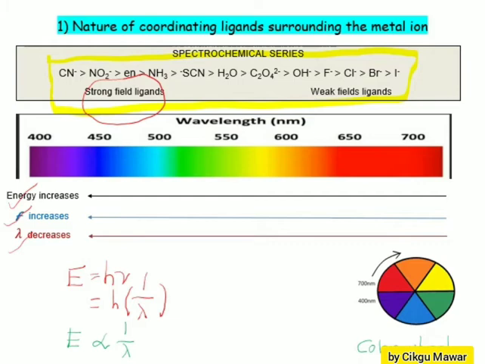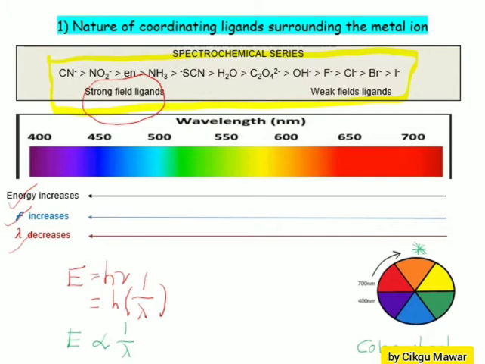Let's say that during electron excitation, the energy difference corresponds to the wavelength of visible light, and the light absorbed is orange.